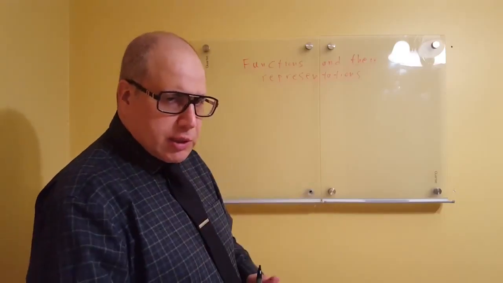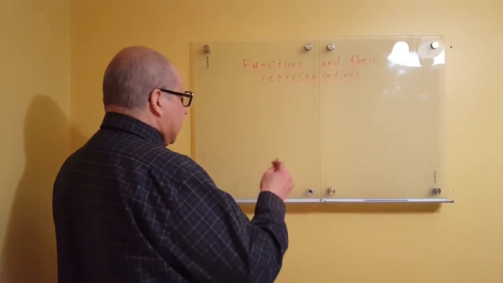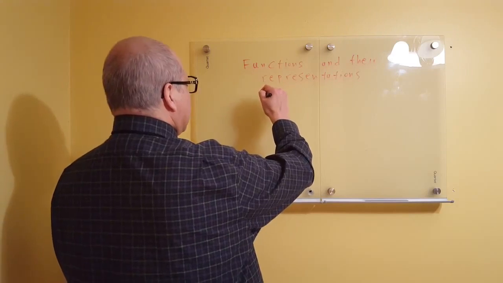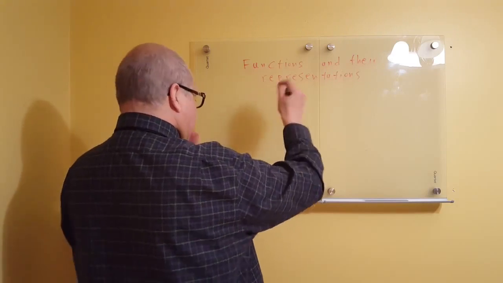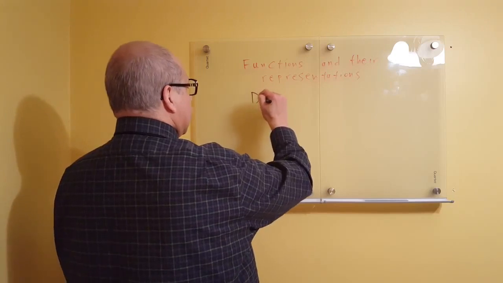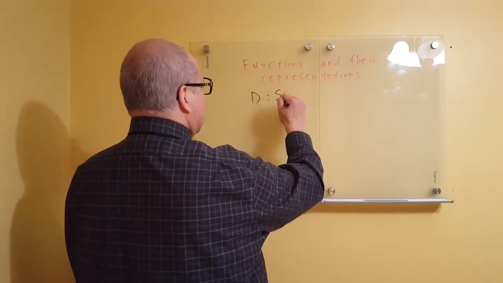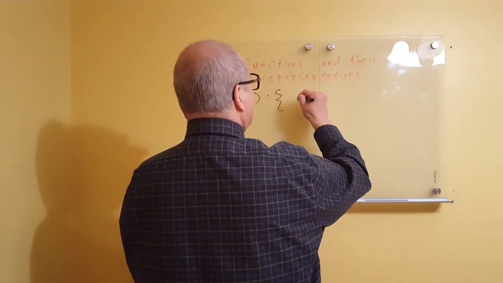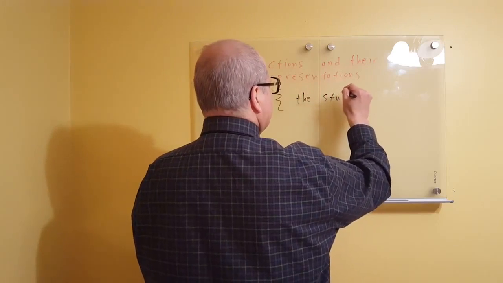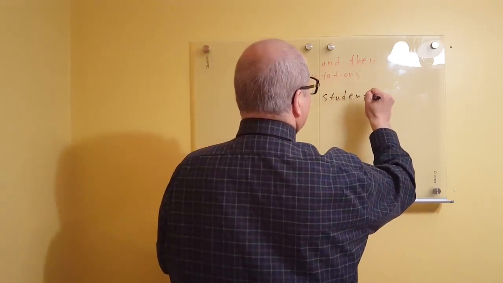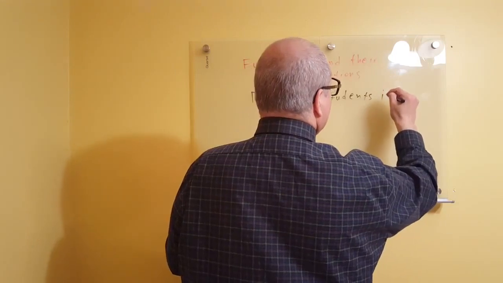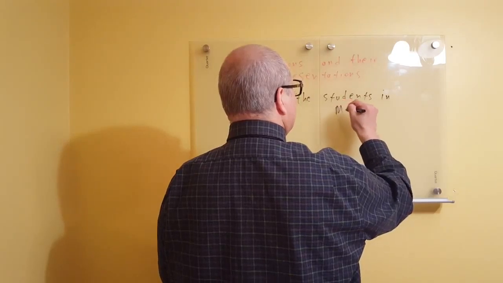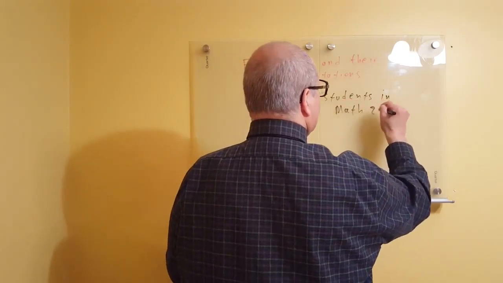I'll give you one more example to understand the definition of a function. Let's say you have here the domain of a function f to be the students taking right now math 203 at Concordia.